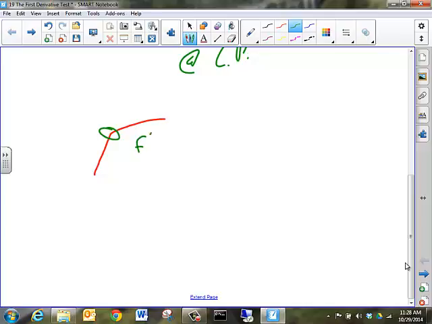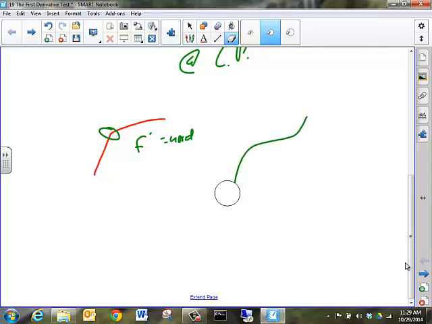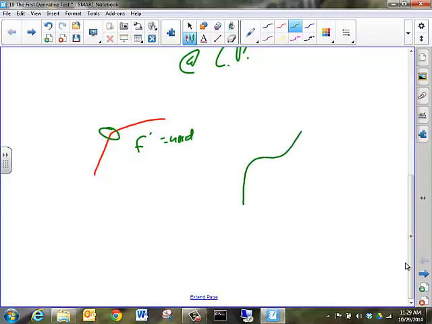Undefined. F prime is undefined. Okay? So it's easy to see that if F prime is undefined, it could be increasing, undefined, and then increasing. Could it be 0? Very good. So at this point, right along in here somewhere, F prime is 0, but the function's increasing on both sides.